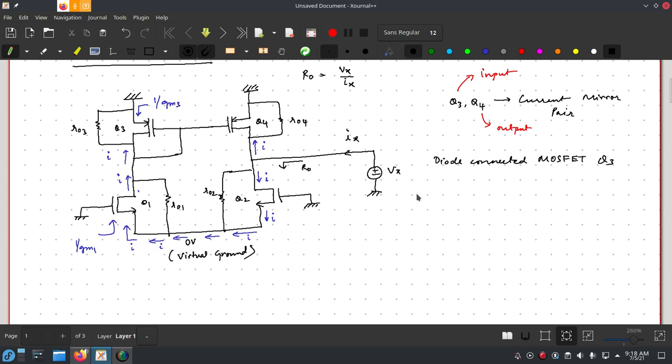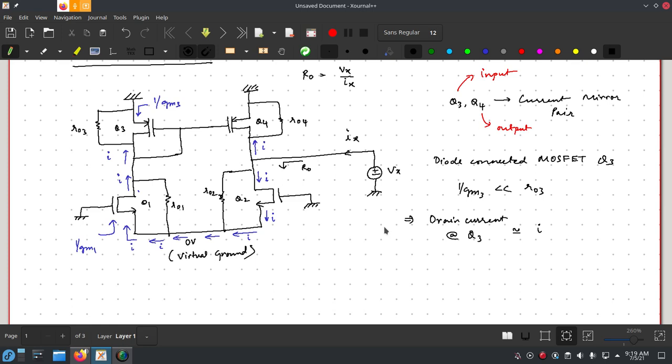And if you observe 1 by GM3 and R03, the drain to source resistance of Q3, 1 by GM3 is actually less than R03, which is why the drain current you see at Q3 will be almost the same as I. Since I is the input to transistor Q3, the same current is mirrored across Q4 also.